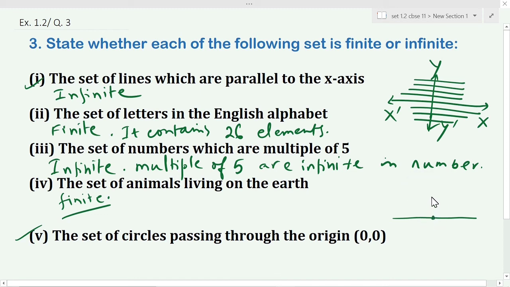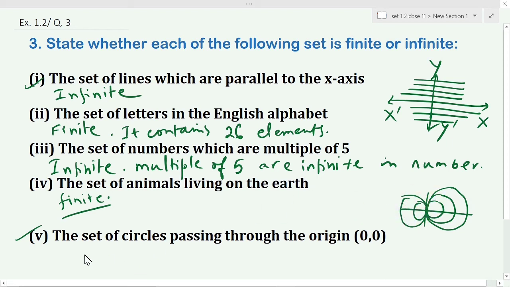Now draw the picture. So this is the origin. This circle passes through the origin. You can draw an infinite number of circles which can pass through the origin.